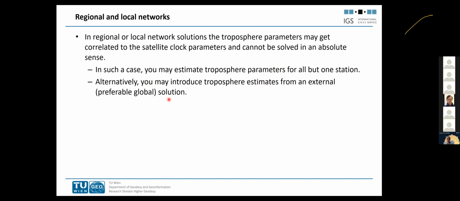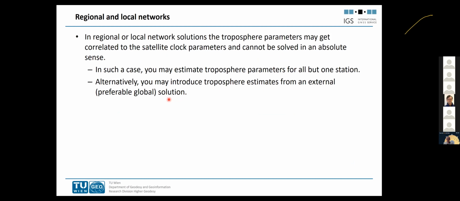Finally, I have 2 slides with comments on regional and local networks, because in those situations it is a bit different. In regional or local network solutions, the tropospheric parameters may get correlated to the satellite clock parameters, so they cannot be solved in an absolute sense. In that case, you may estimate tropospheric parameters for all but one station.